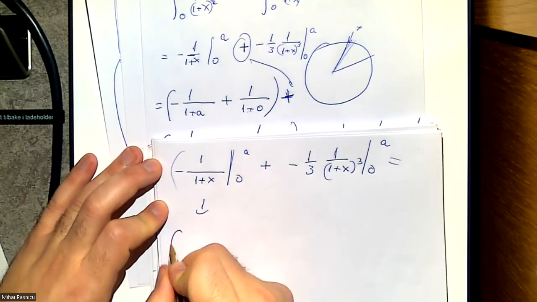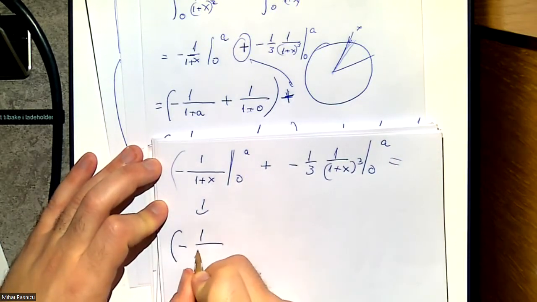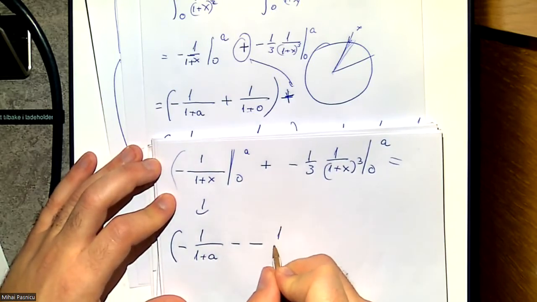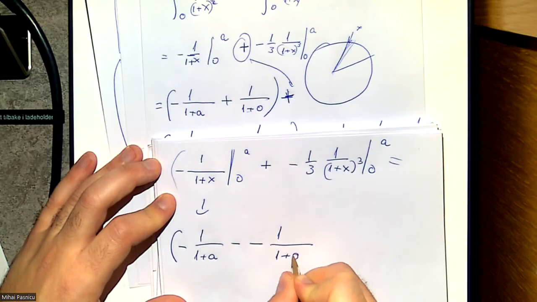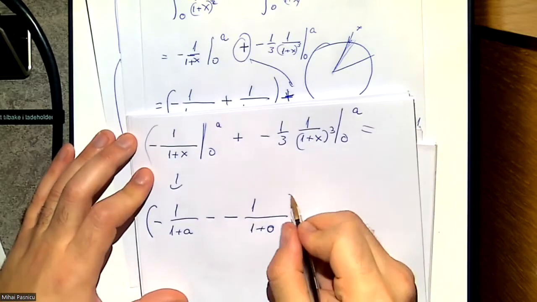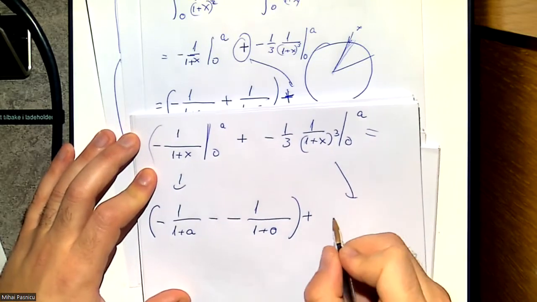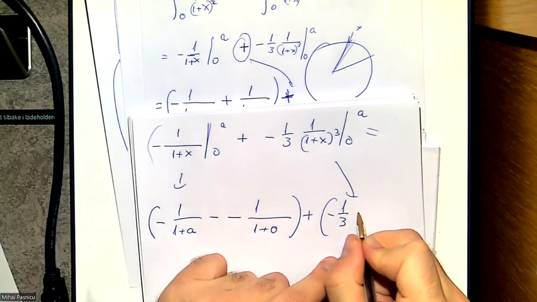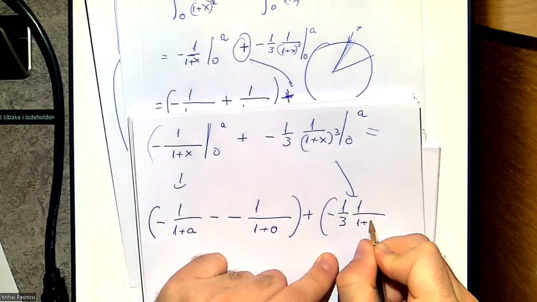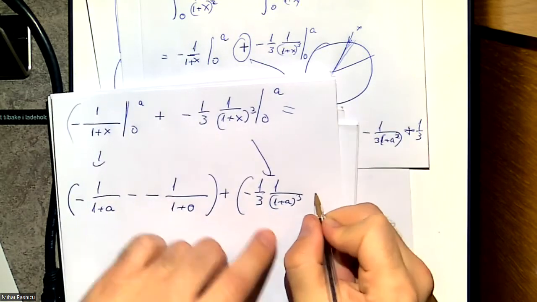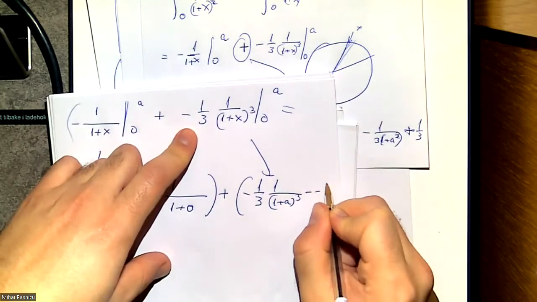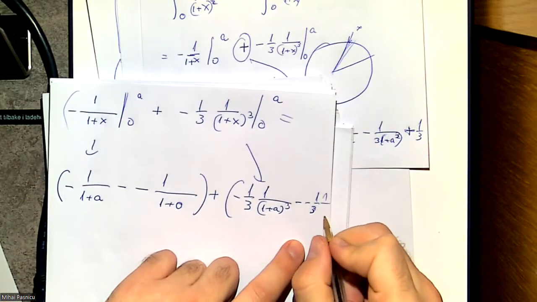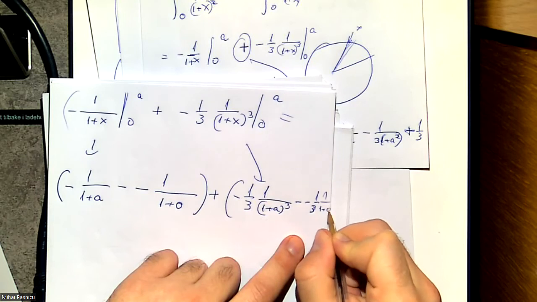This part over here is equal to minus 1 over (1+a) minus minus 1 over (1+0), plus this part over here is minus 1/3 times 1 over (1+a) to the third, and then minus another minus 1/3 times 1 over (1+0).